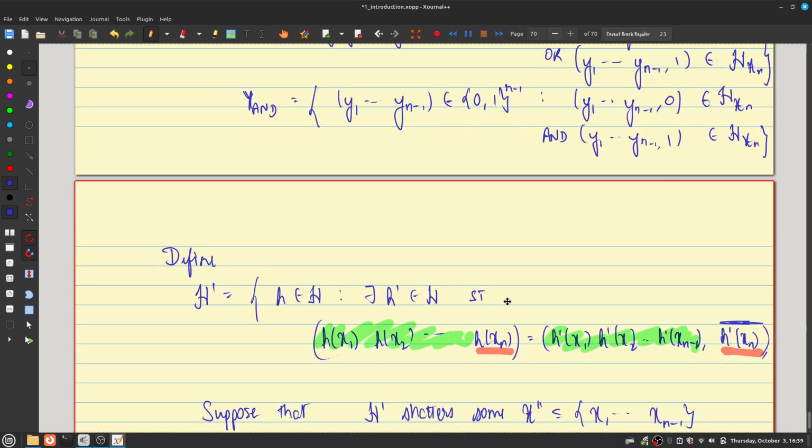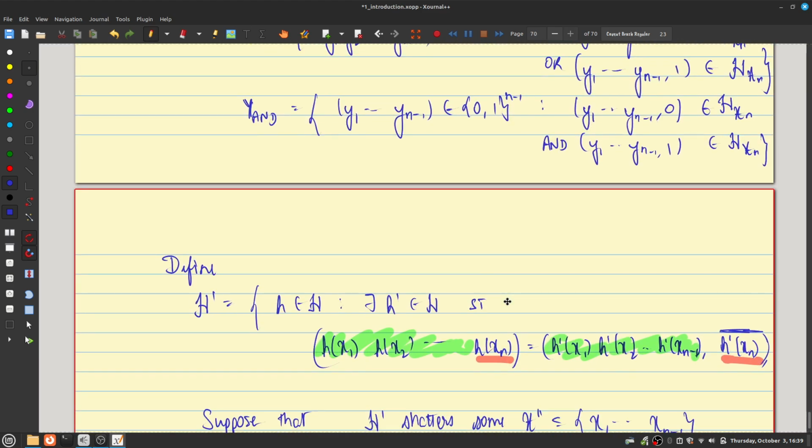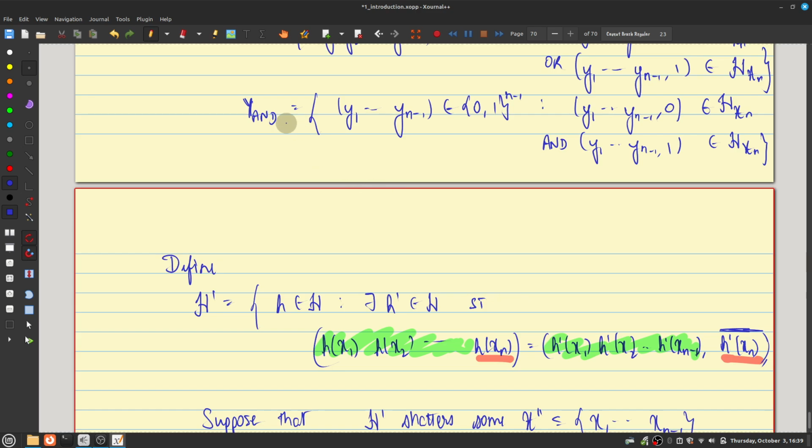So let's look at the definition of y and. Just compare this set with this set. If a binary vector is in y and, what should happen?